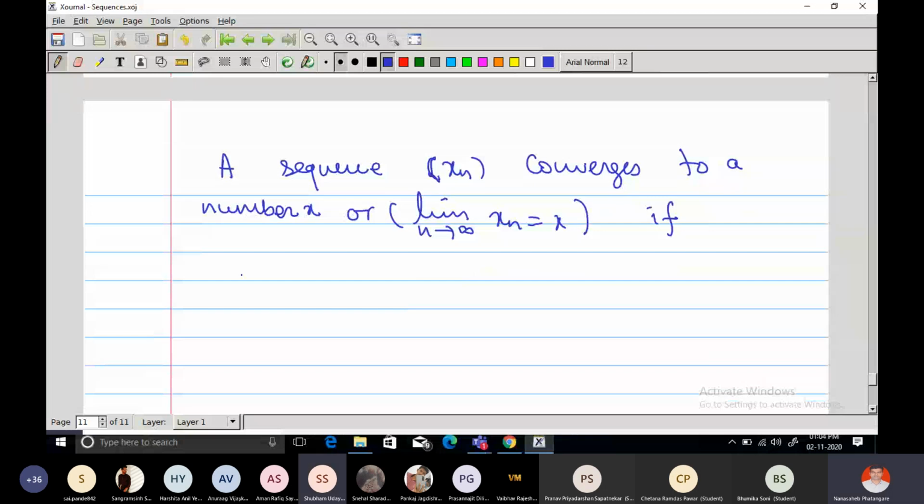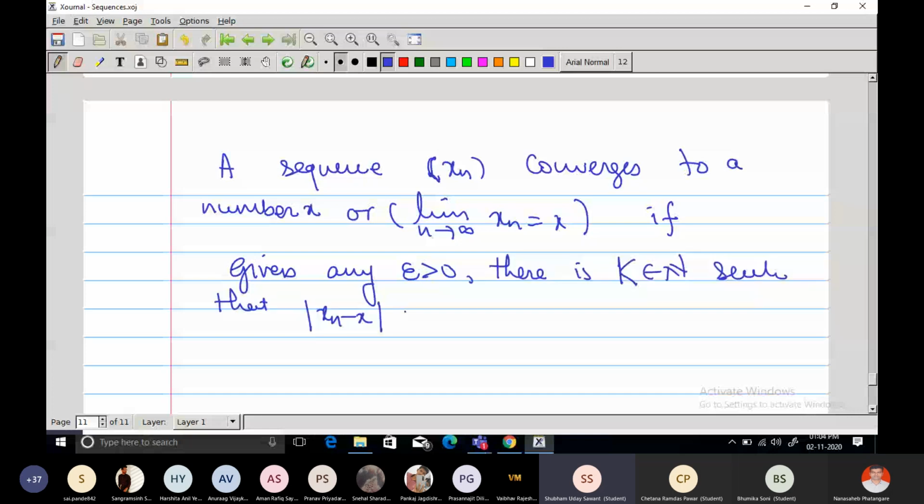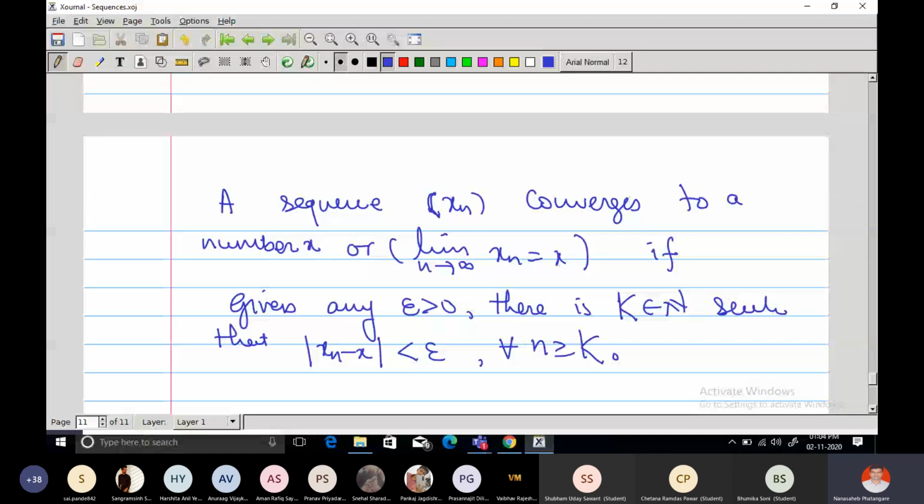Given any epsilon greater than 0, we can produce k such that the modulus of xn minus x is less than epsilon for all n greater than or equal to k. So the distance between xn and x is less than epsilon for all n greater than or equal to k. Is the meaning of this statement clear, or any confusion?